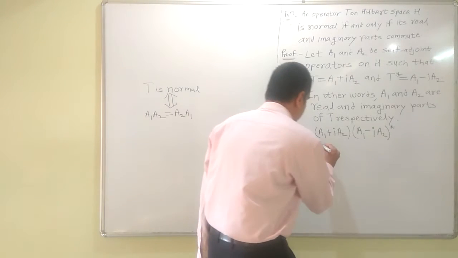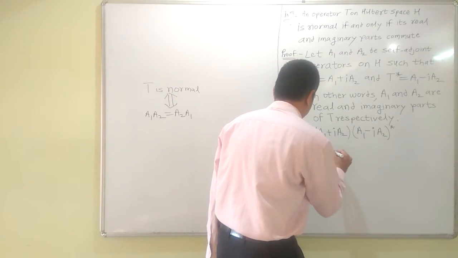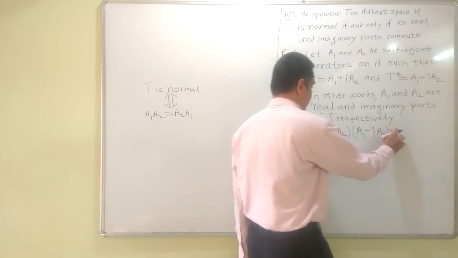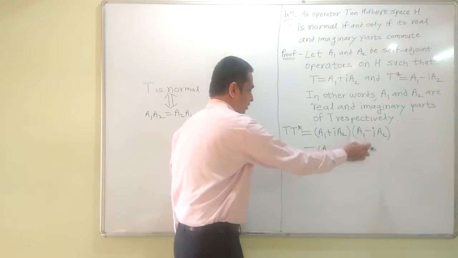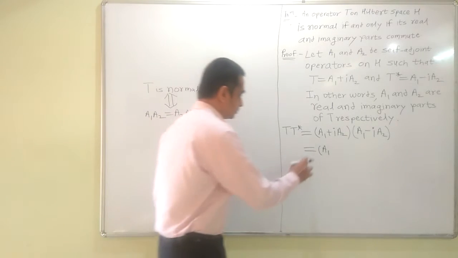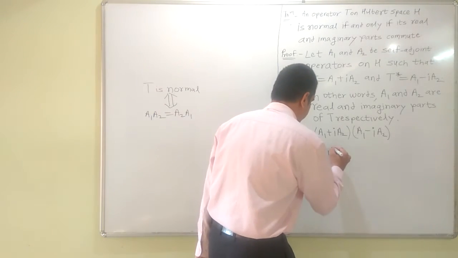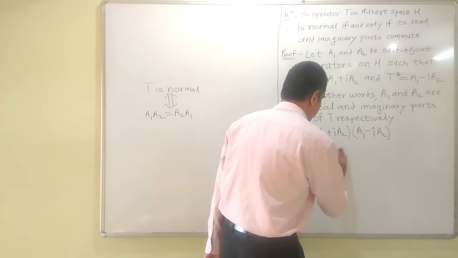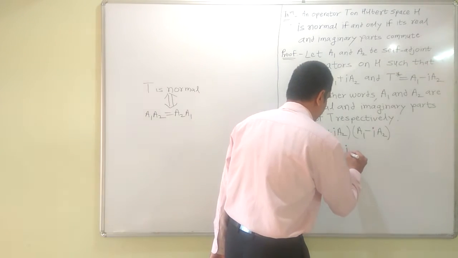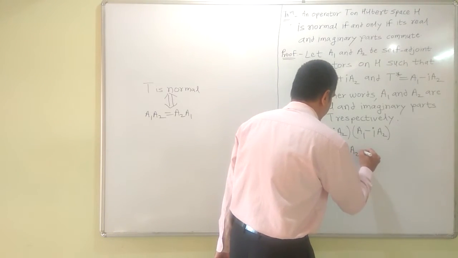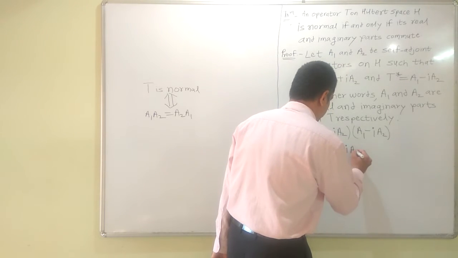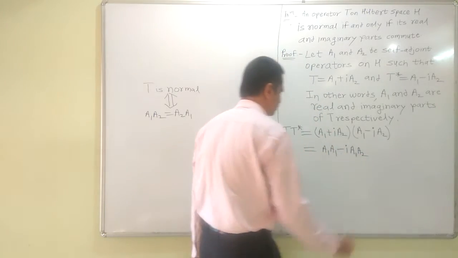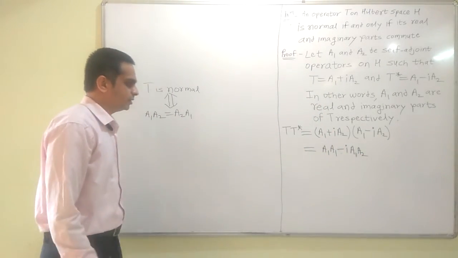Sorry, I made a mistake, T star is this only. So this is equal to A1 squared plus, I could write it as minus i A1 A2. Note that composition is associative but not commutative, so we have to be careful while writing orders.